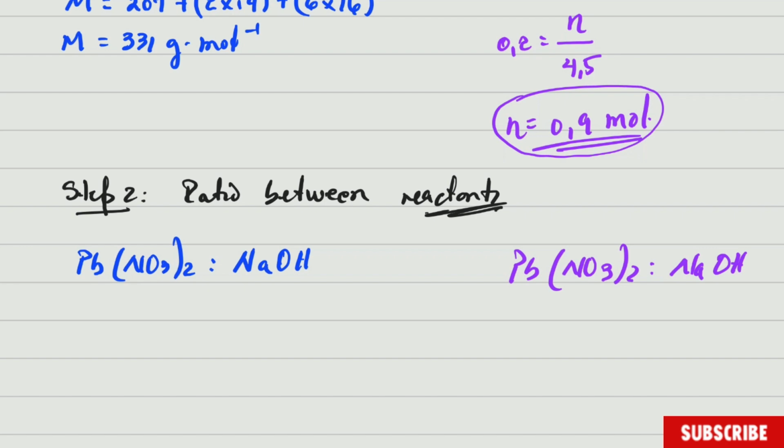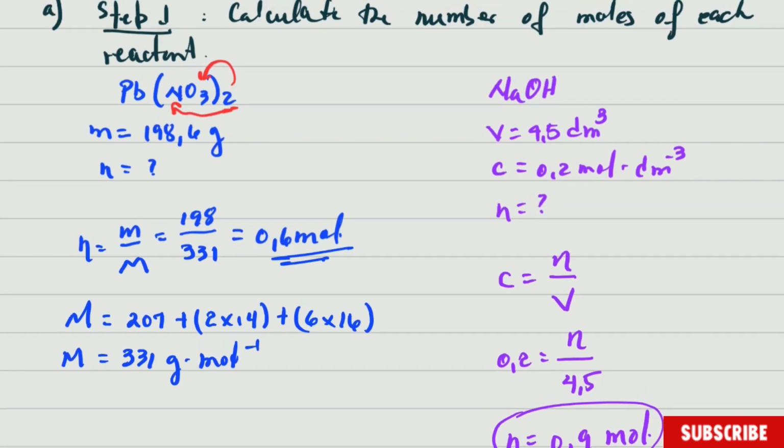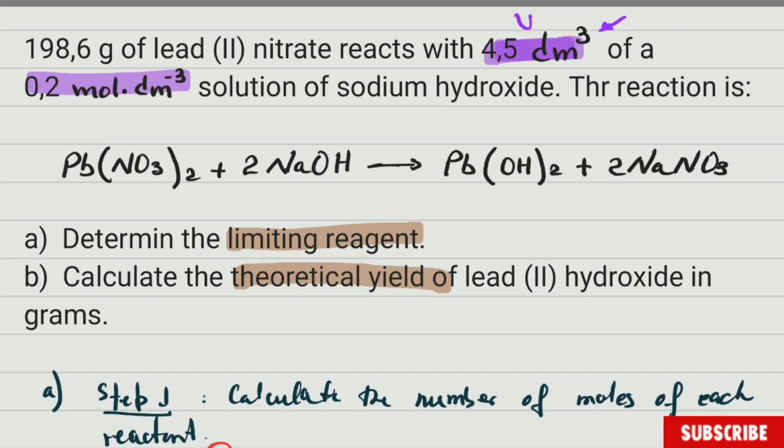You can use either one, okay? So when you go to the equation here, the ratios, remember, are the numbers at the front. These numbers here, which in this case is 1 and 2, those numbers are the ratio.